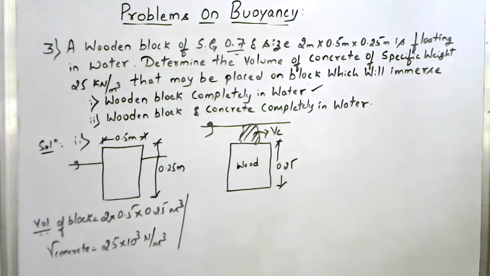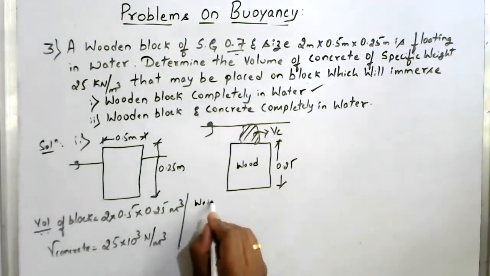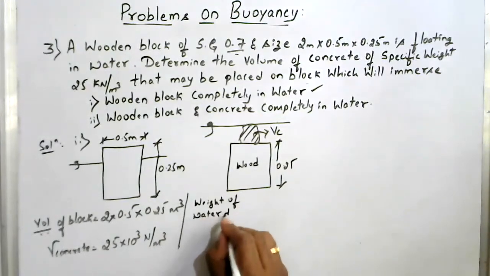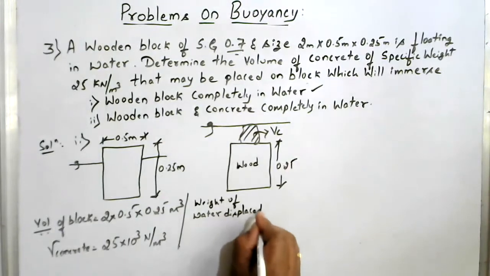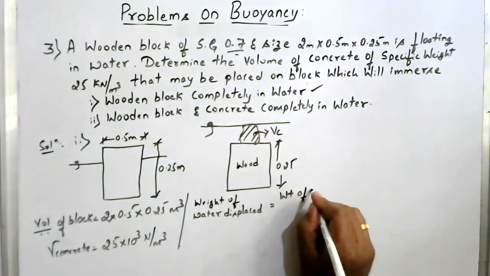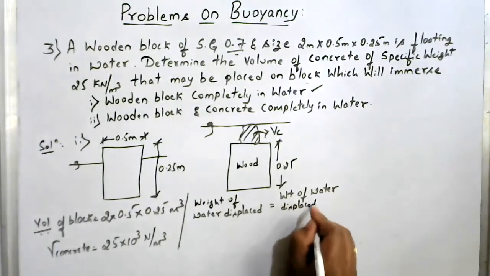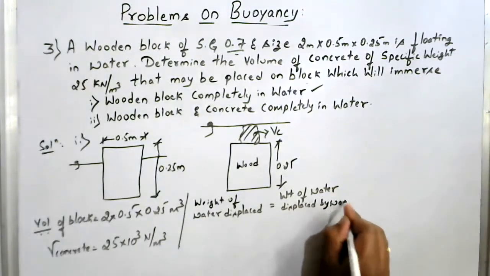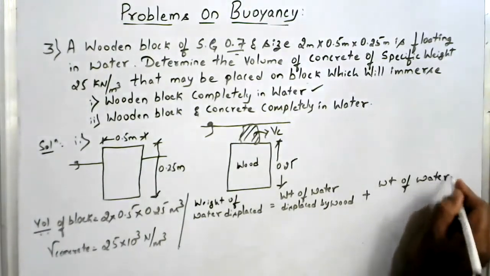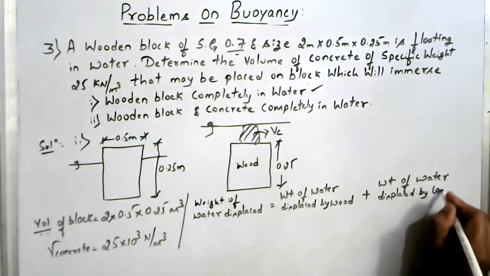Okay, the same governing equation you have to take here. That is what we have written earlier: weight of water displaced is equal to weight of water displaced by wood plus weight of water displaced by concrete.